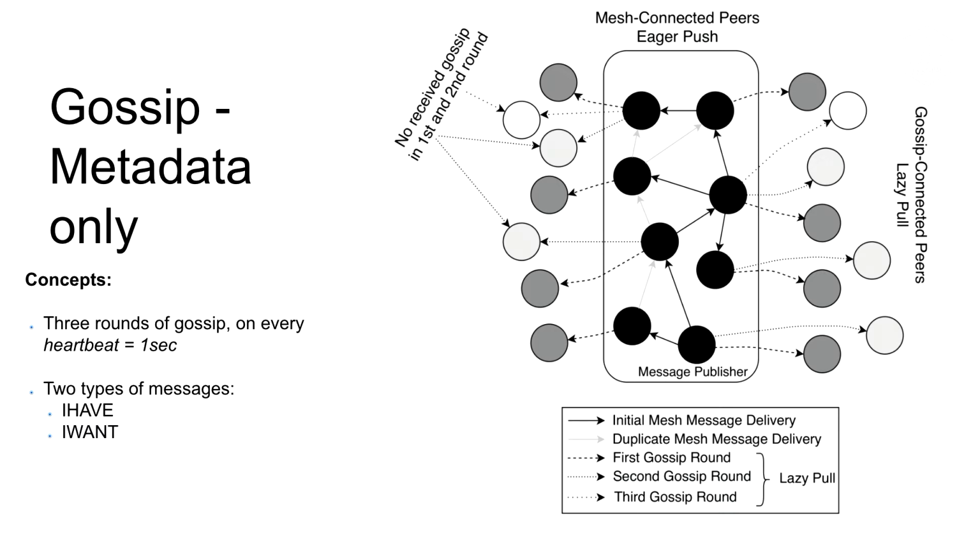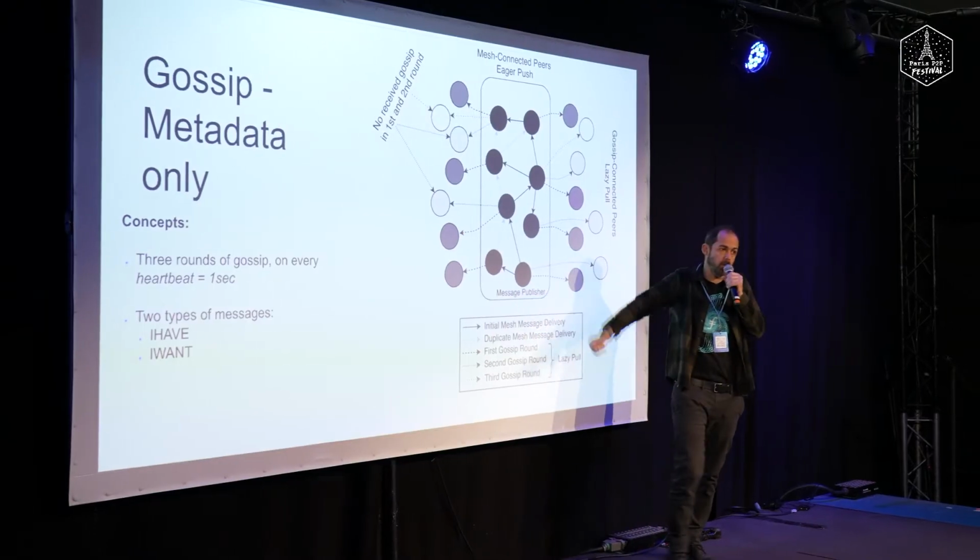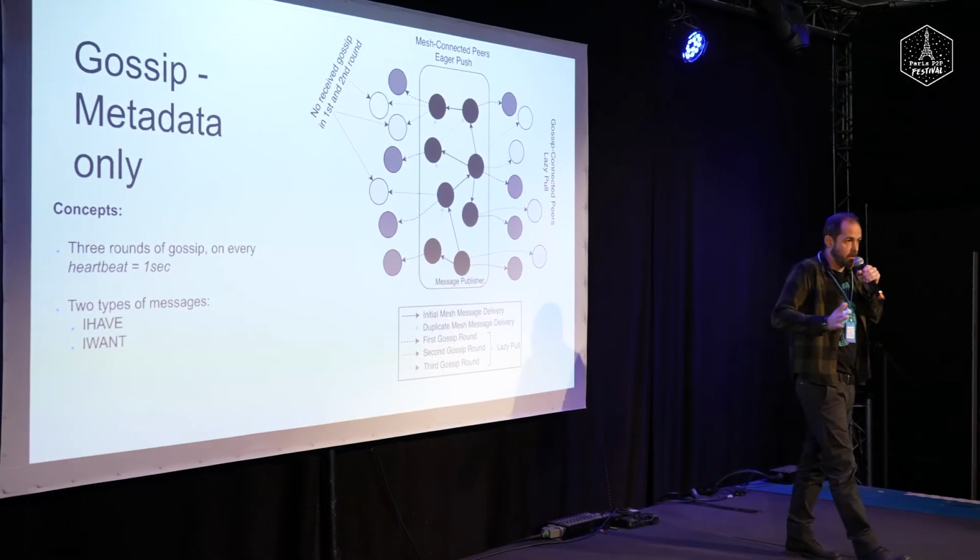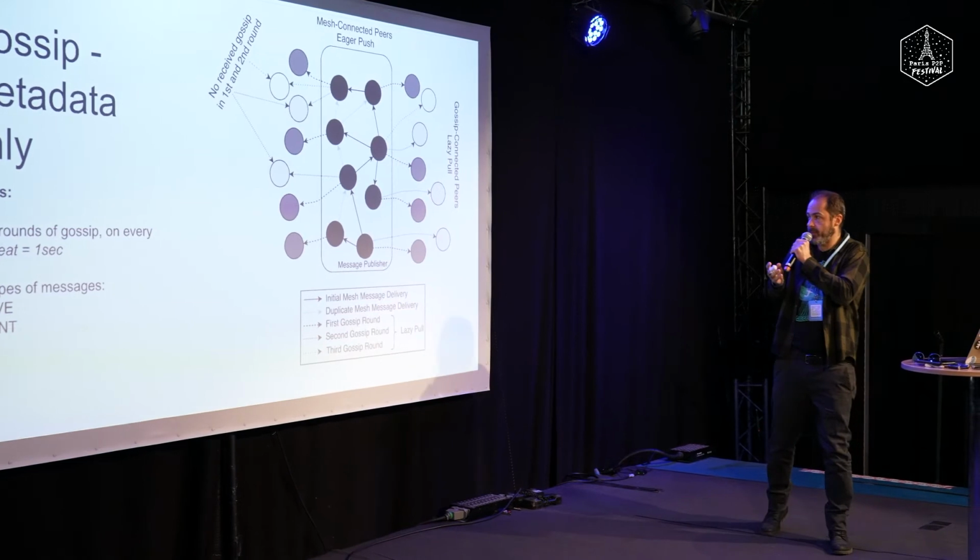Even if we assume that this is directly my mesh or the mesh of other nodes, a message is produced here, it's going to be pushed to everyone. Nodes might receive duplicate messages, so these gray lines here mean that this message has been received twice, once from the original publisher and once more through this other node. That's fine. It's not a problem. These things happen in pubsub networks.